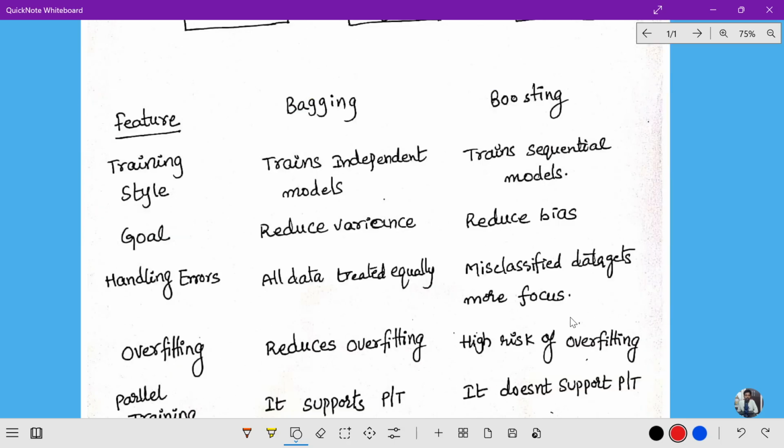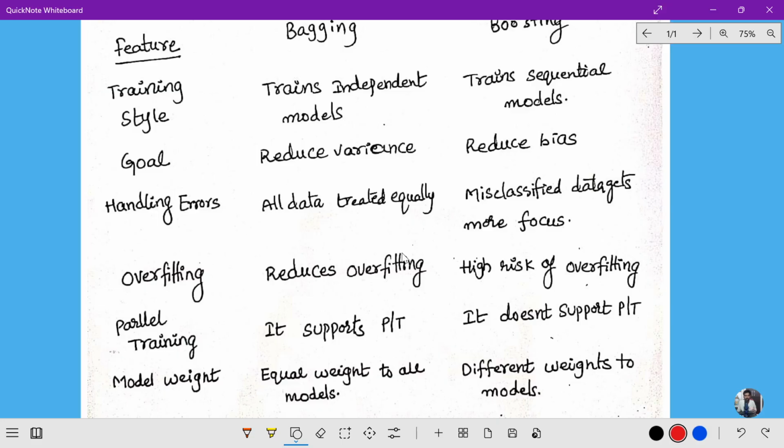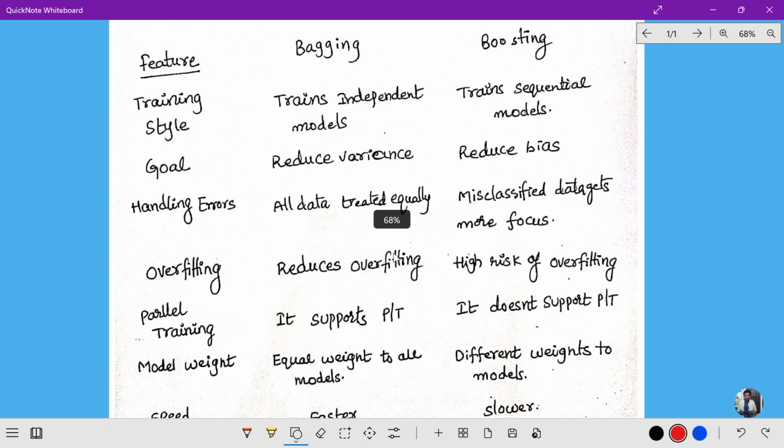Now this is the main differences between boosting and bagging. What is the meaning of training style? In bagging, it trains independent models, but in boosting it trains sequential models.